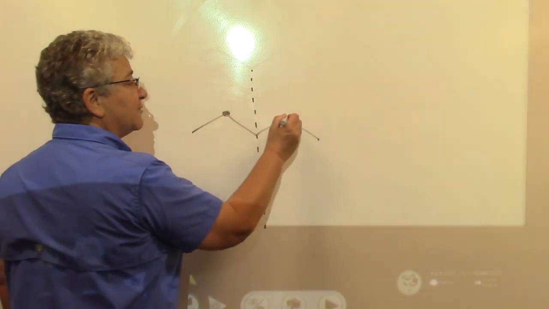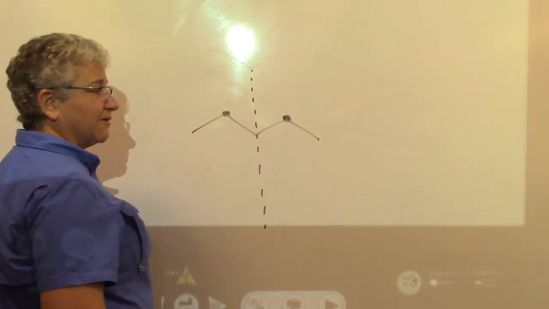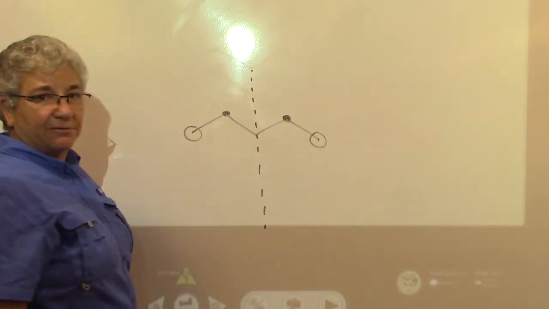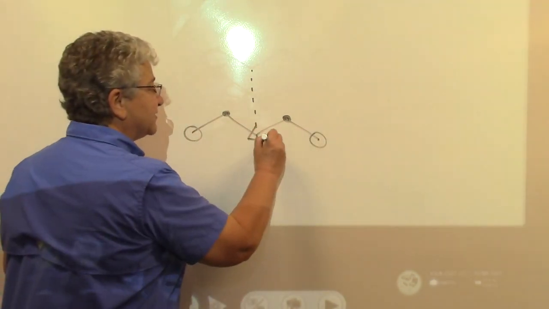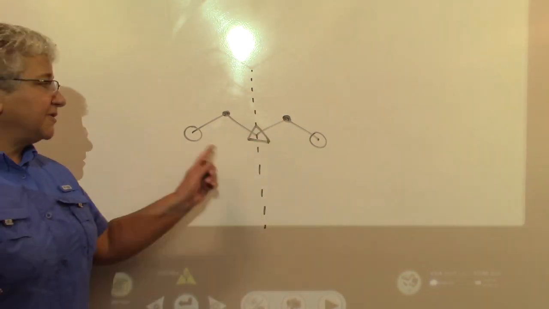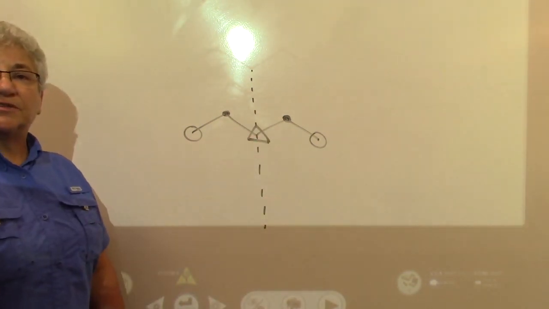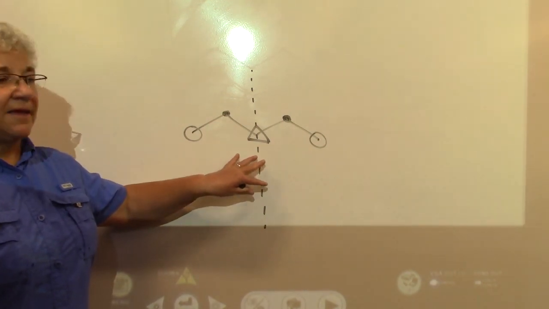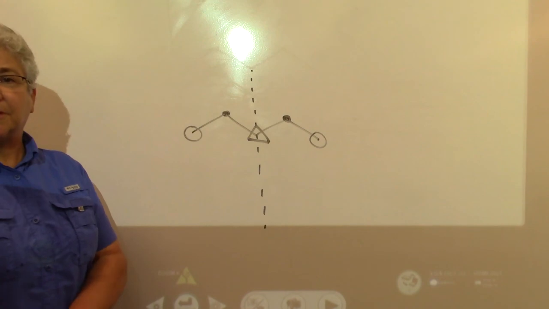So this carbon is in fact the same as that carbon. That methyl group is the same as that methyl group. But this carbon in here is different from either of the other two. So in this case, you're going to see 3 peaks in your spectrum. And that is in fact what you see.